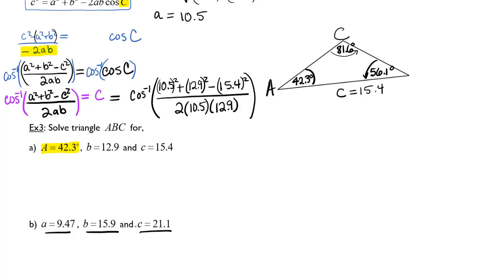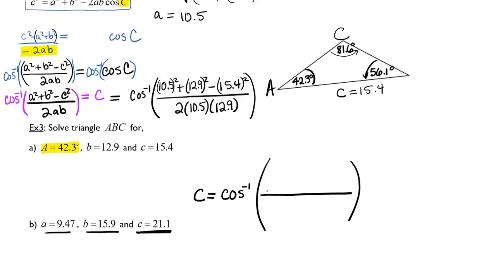I've fortunately already solved for C once today, since the side opposite the angle that is the largest will be the longest side. C is going to be equal to cos inverse of a squared plus b squared minus c squared all divided by 2ab, which will give us the guts of the cos inverse.